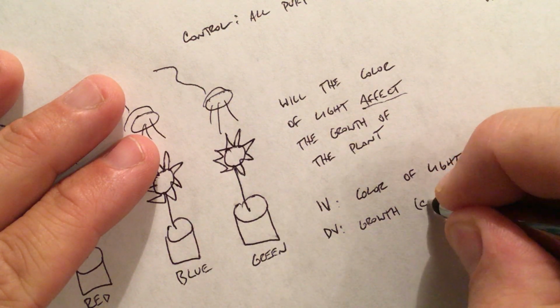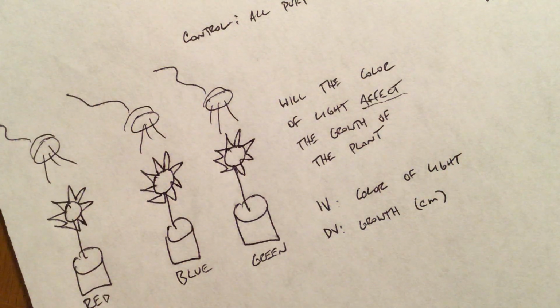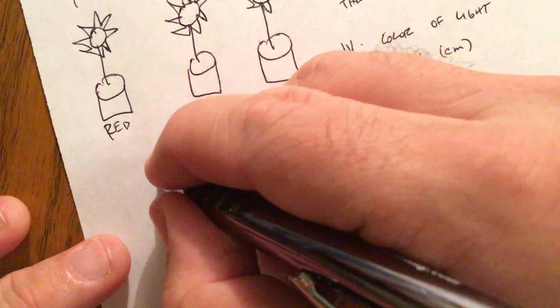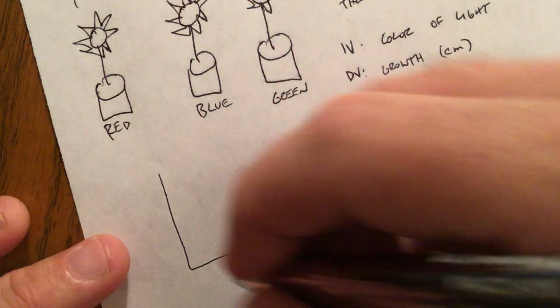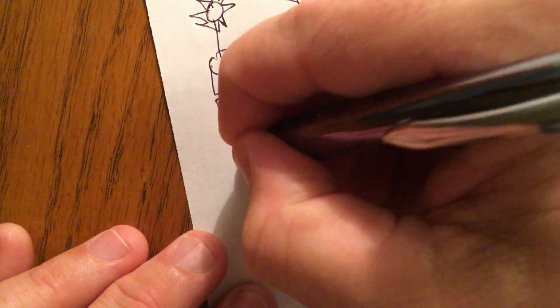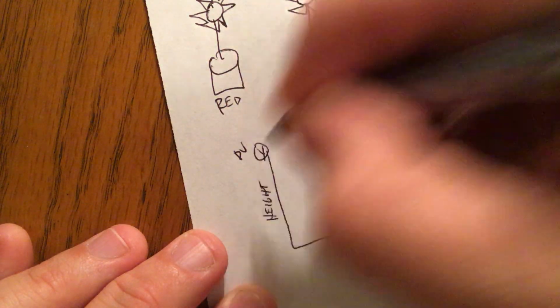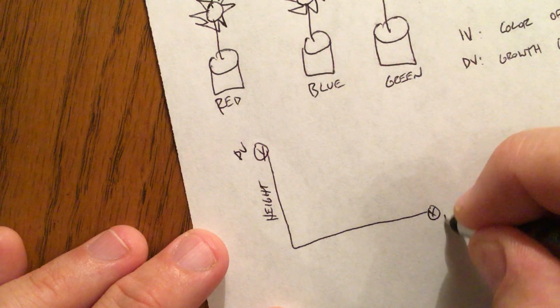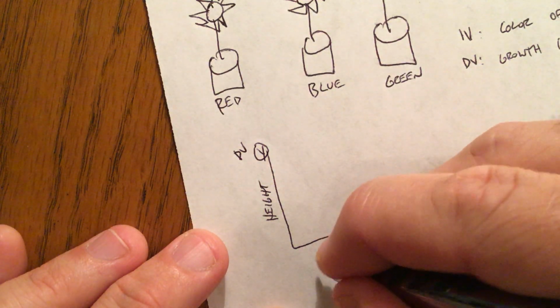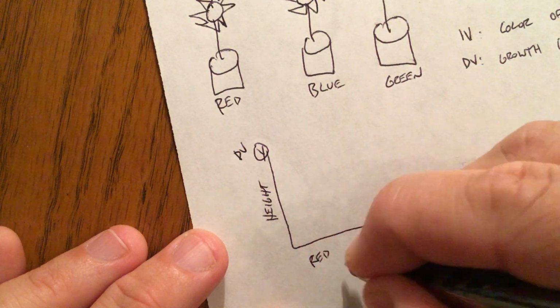Let's say we're measuring that in centimeters. And likewise, you would have charts and graphs. So for this experiment, got height, that's our DV on the y-axis. And then on the x-axis, our IV is the different colors of light.